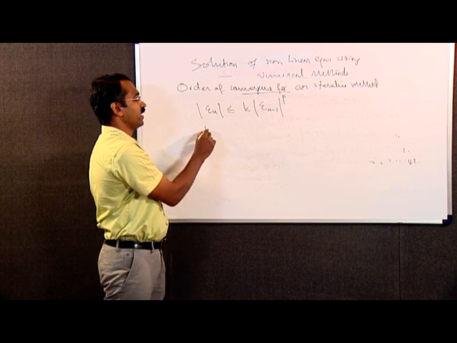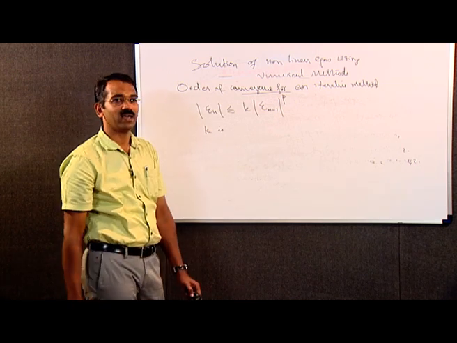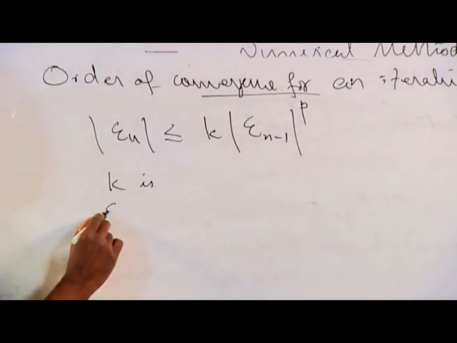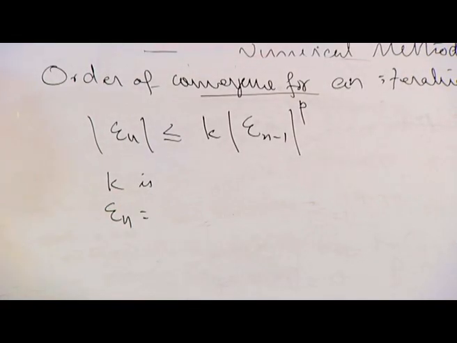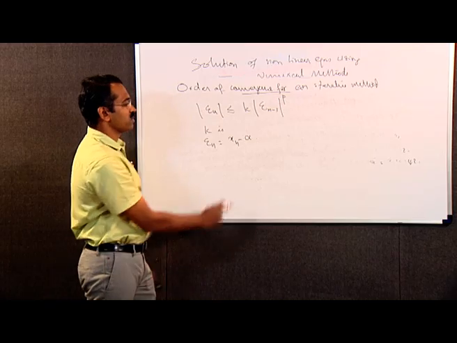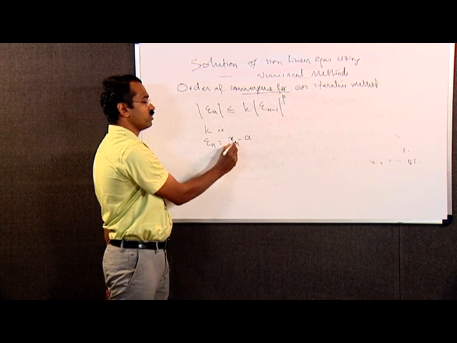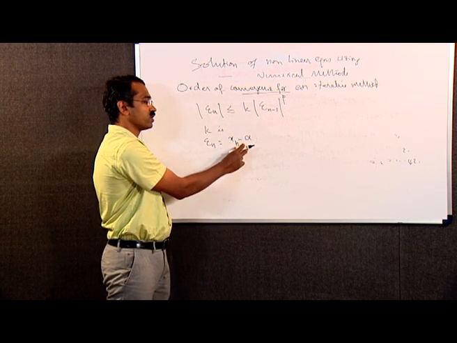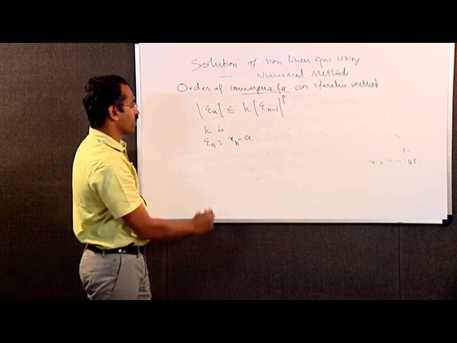Here k is a finite positive constant, epsilon n is equal to x n minus alpha, where alpha is the exact root and x n is the approximate root in the nth iteration.